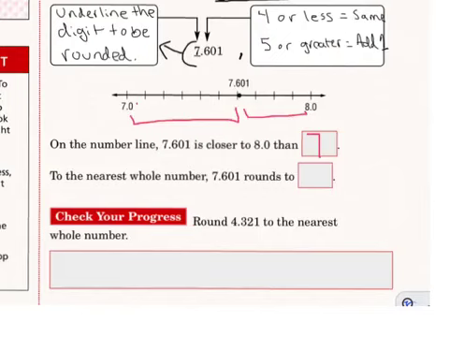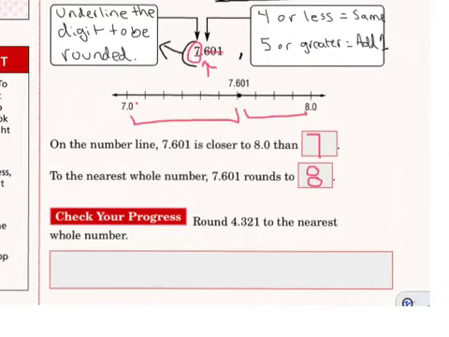To the nearest whole number, 7.601 rounds to 8, right? Because you looked at the number to the right, and 6 is greater than 5, so therefore we're going to add 1. So the 7 is going to become an 8, and we're going to drop all the numbers to the right of the digit that is being rounded.